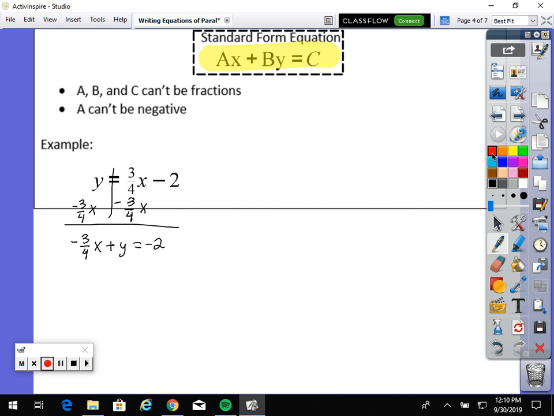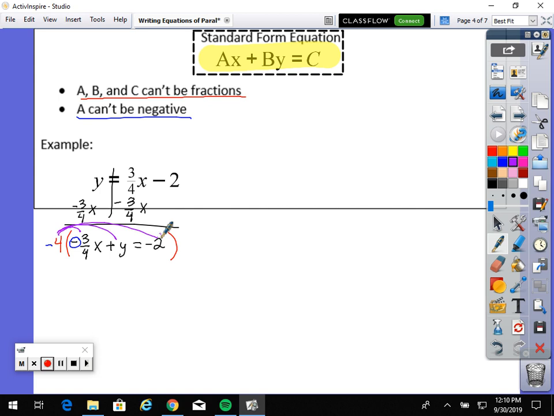Now, it says that you can't have fractions right here, so I need to clear the fraction, so I'm going to multiply by the denominator, which is 4, and my leading coefficient here is negative, and I can't have a negative leading coefficient. So I'm actually going to multiply by -4, and I'm going to make sure to distribute that to all 3 of the terms.